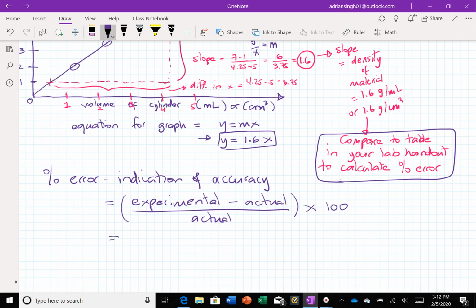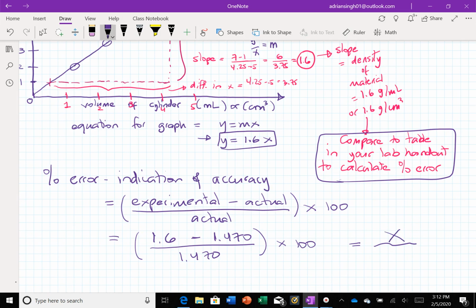So in this case, our experimental is what we actually found. It was 1.6. And then we look up what the actual value was. It was 1.470. We're going to divide it by 1.470. We're going to times that by 100, and then whatever you get here will be your percent error.